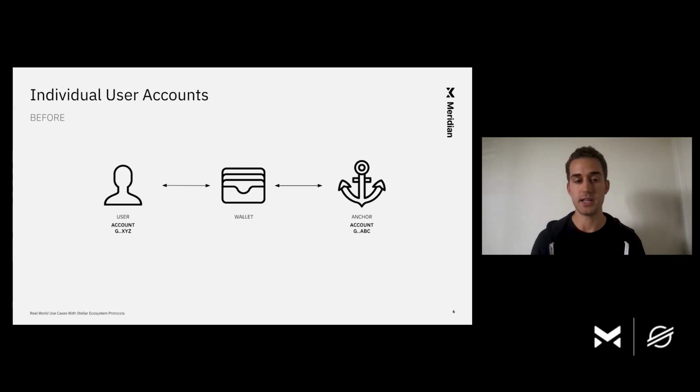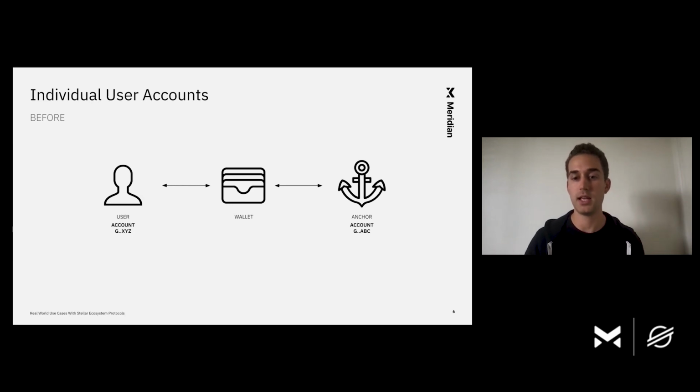And the idea was that if I was trying to facilitate a withdrawal, as I explained earlier, I would send my USDC to the anchor from my Stellar account to theirs. And the anchor would then send me US dollars via an ACH bank deposit, or I would go pick up cash. And this transaction would be facilitated by the wallet sitting in the middle.